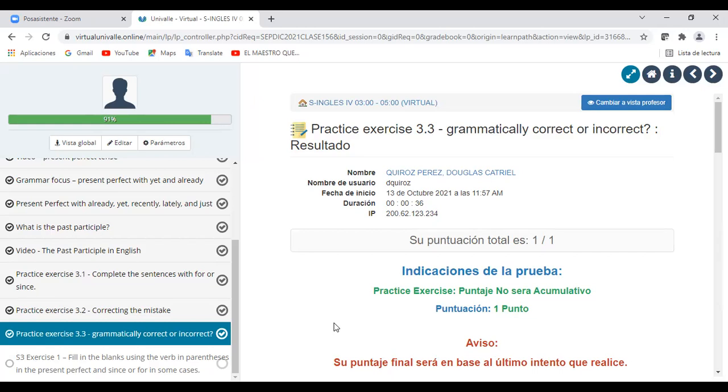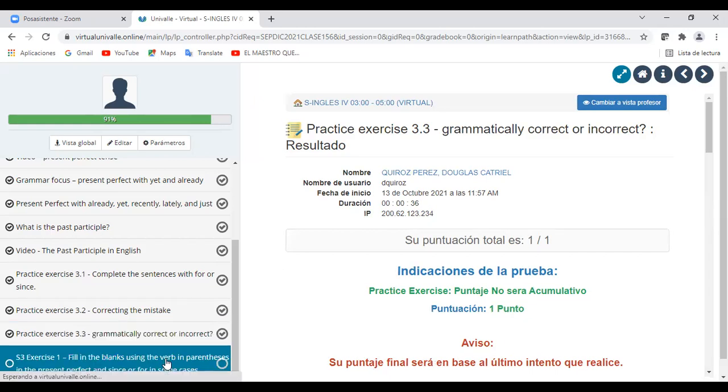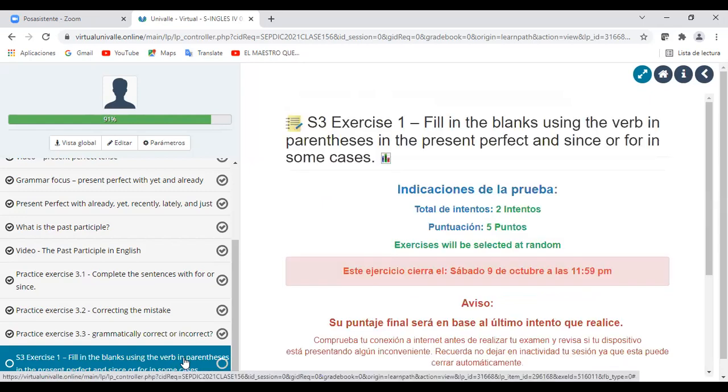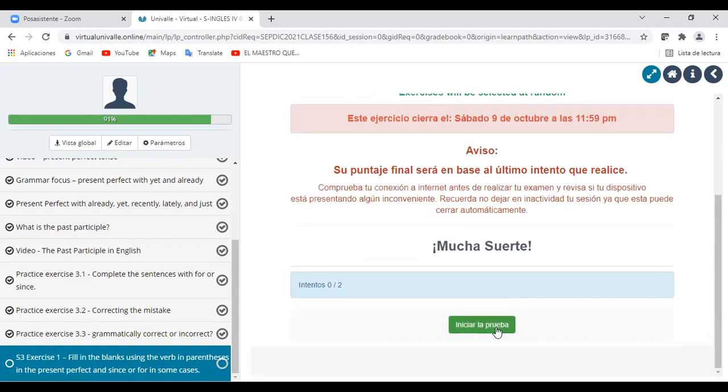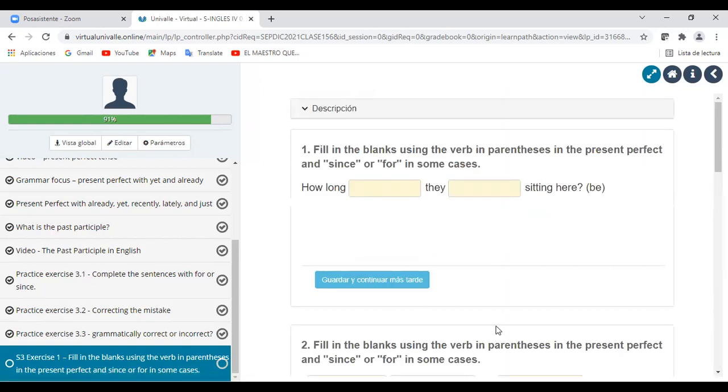Okay, very good. Now in here, guys, you're going to have an evaluated exercise. You're going to fill in the blanks using the verb in parentheses in the present perfect and using since or for with some cases, okay? So please take that into consideration.